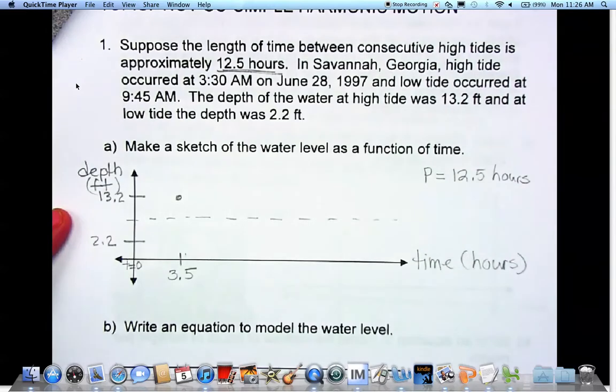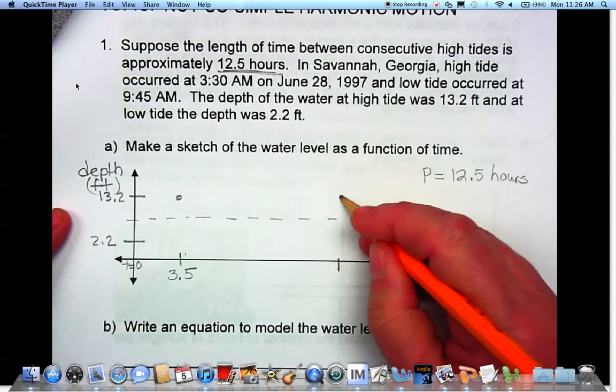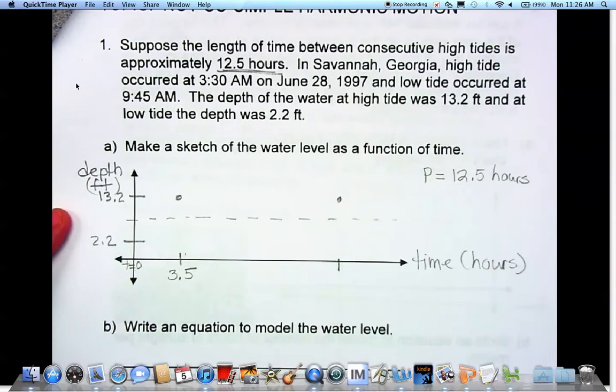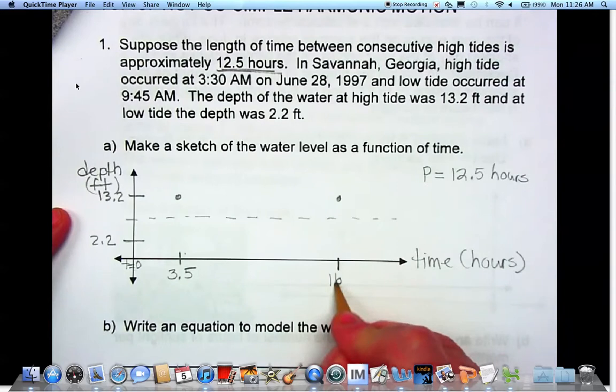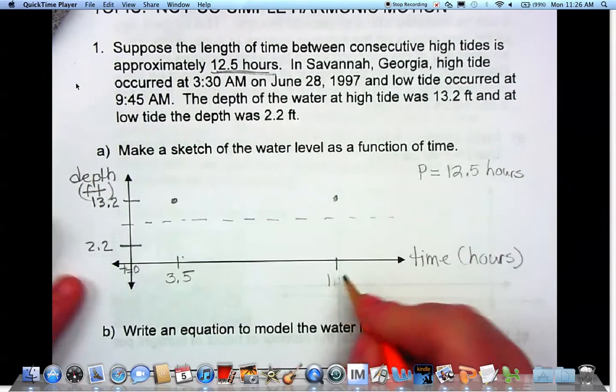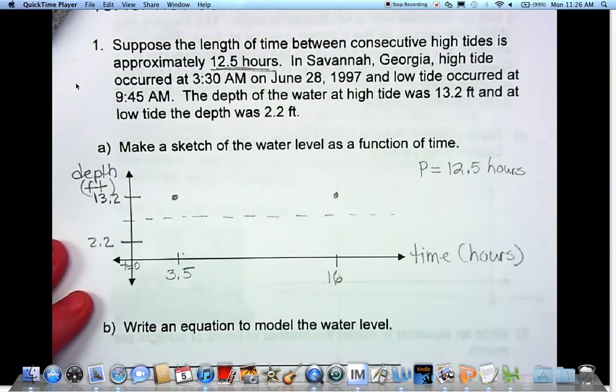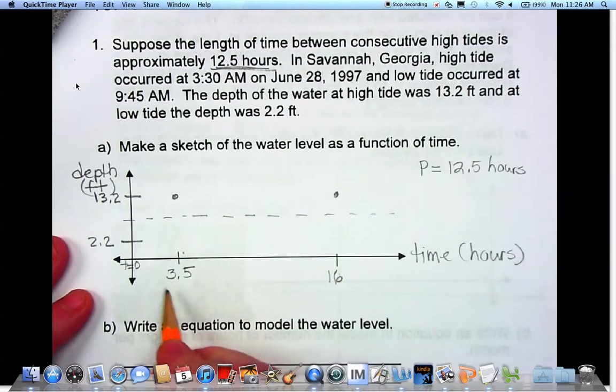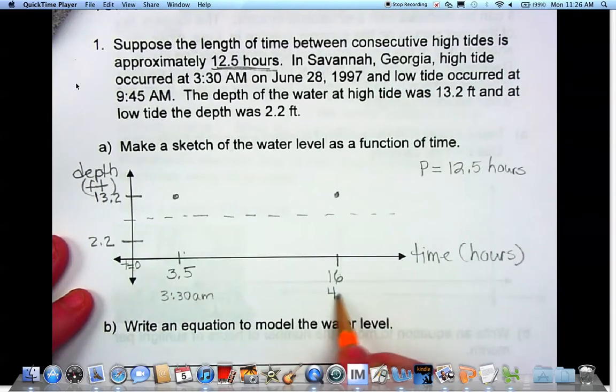And then 12.5 hours later, there's another high tide. What is 3.5 plus 12.5? 15.5. That's 4 o'clock, 4 p.m. So this is 3:30 a.m. and this is 4 p.m.